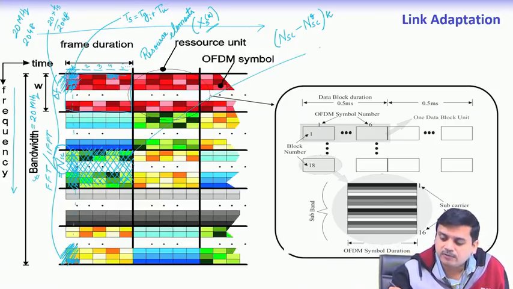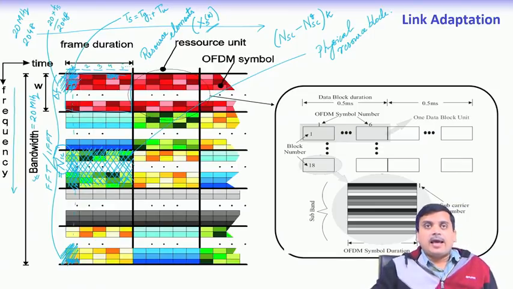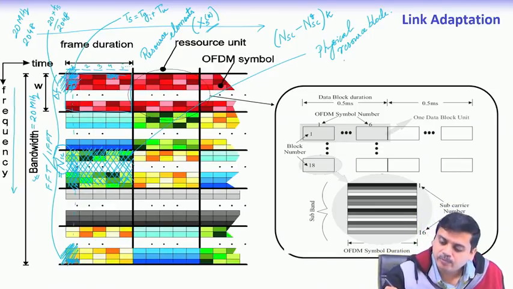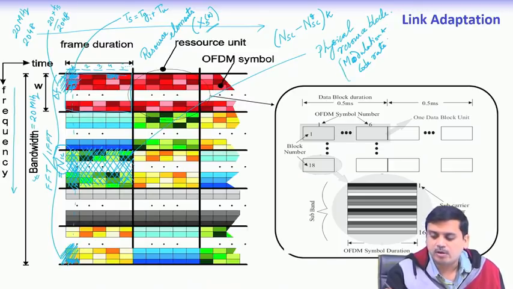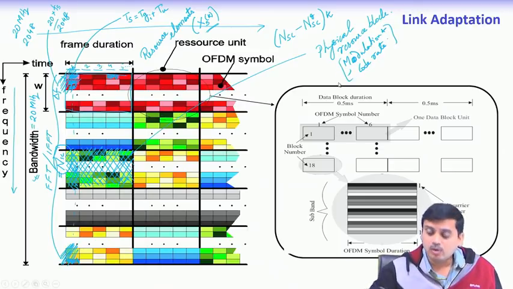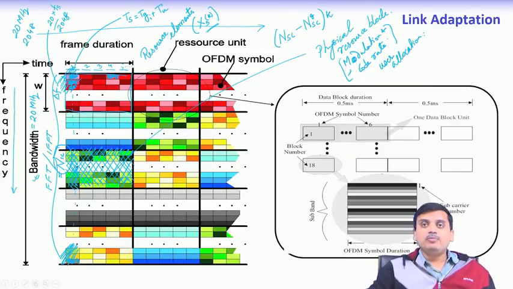So, one can think of a physical resource block, and allocate the same modulation and code rate to this particular block, and also allocate this to a user as well. This is the minimum resolution with which one can do it.